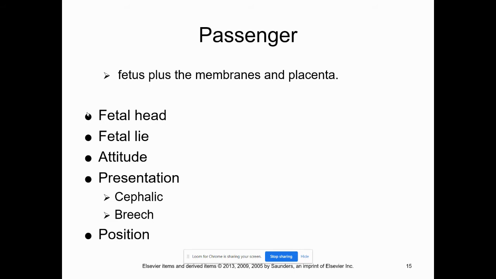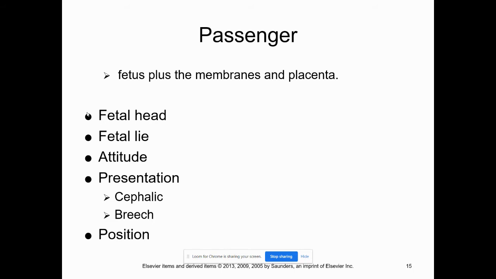Then there's fetal lie, and this is the orientation of the fetus, its long axis compared to the woman's long axis. You'll see pictures shortly. Attitude means the fetal body parts in relation to each other. A normal attitude is when the chin is flexed to the chest.